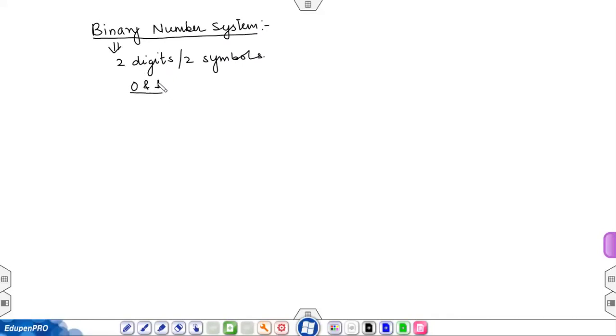There is a very important reason why the binary number system is useful in all digital computers. The electronic circuit involves diodes, transistors, or any kind of switch, and these have two states.